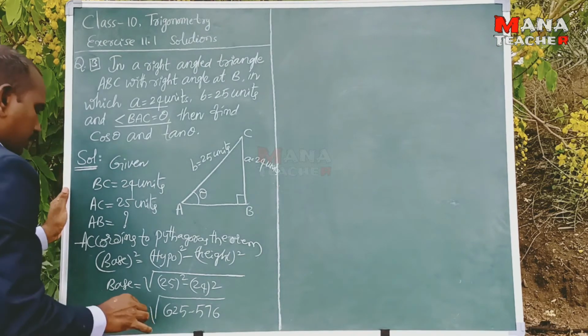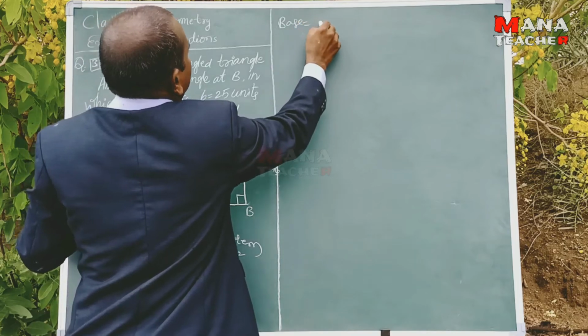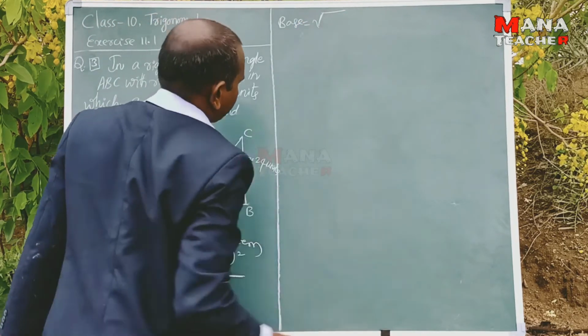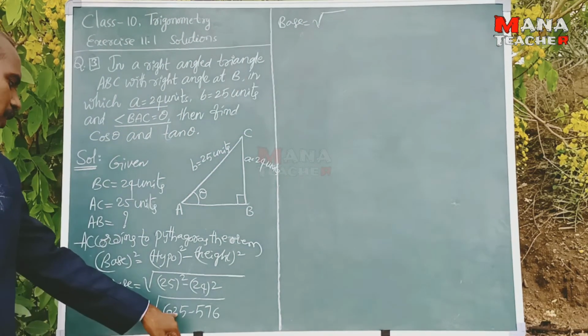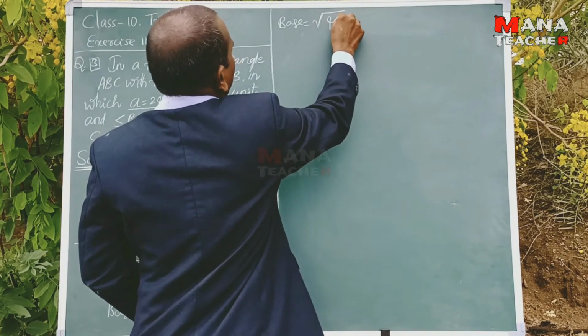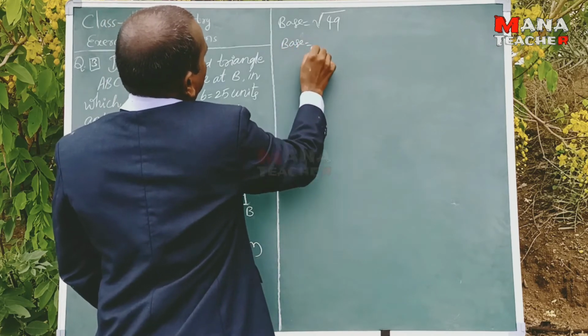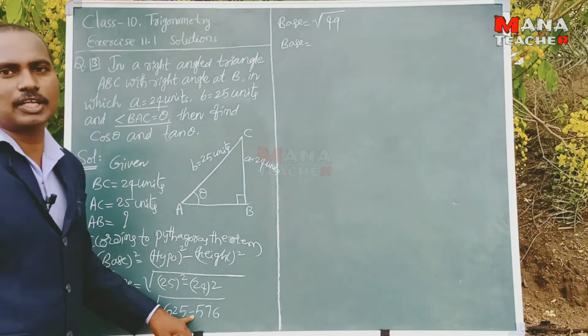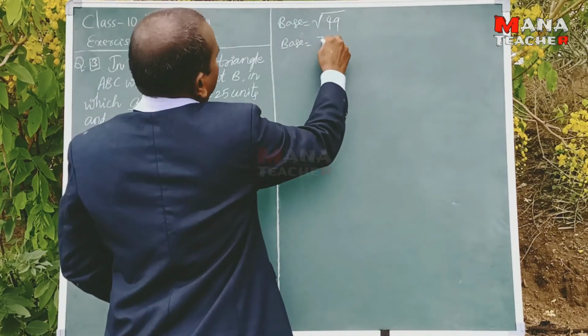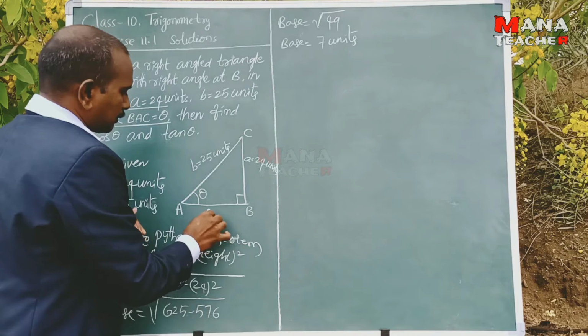Base equals under root of 49, root 49 value is 7 units. Yes, this is 7 units.